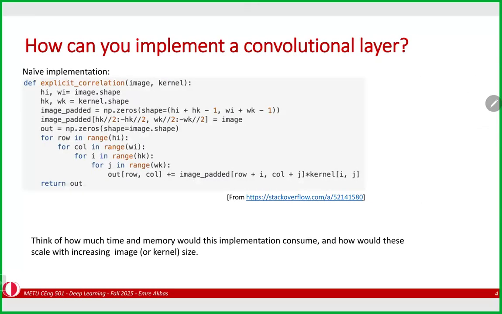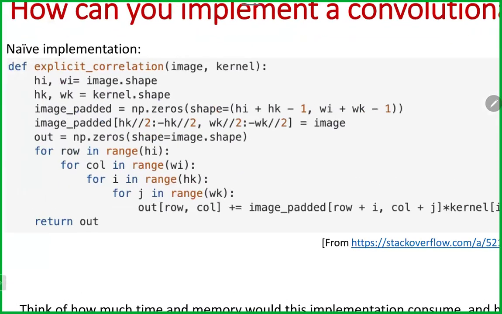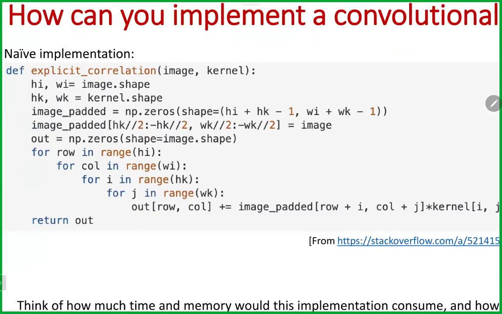Okay, let's talk about how you can implement a convolutional layer efficiently. If you don't care about efficiency, you can do a naive implementation such as this. There are four loops nested in each other, and it's a very straightforward implementation.